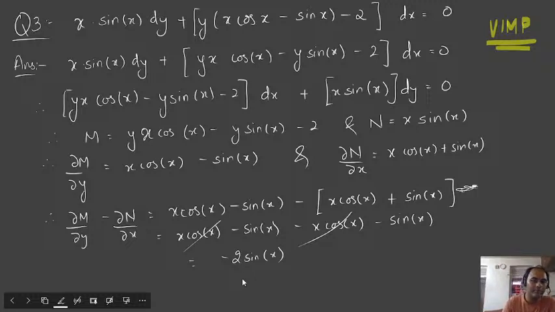Now with what should we divide? We cannot divide with capital M, we will have to divide with capital N, because you will get a function of x alone in that case.